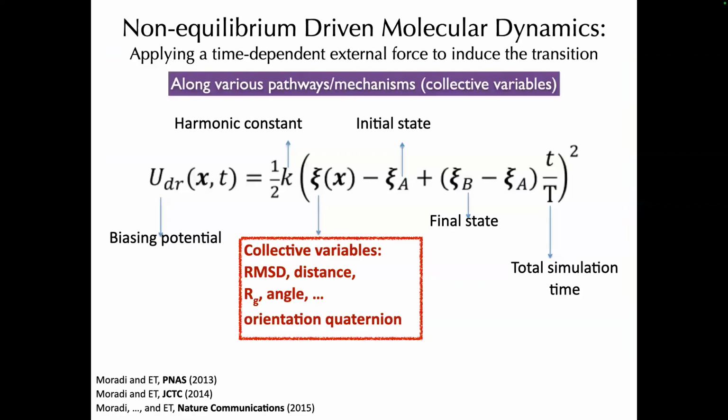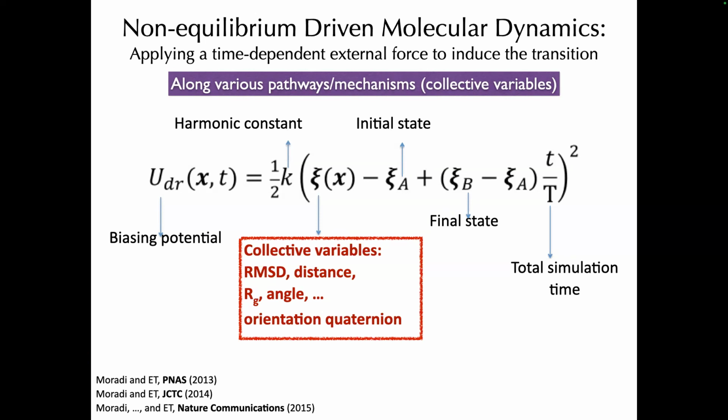So again, we can see that here we're going to bias a collective variable, which could be anything I mentioned. You will hear more about this. For the initial state and the final state, we know the values of these things. So we're going to guide the system using this collective variable to go from the initial system to the final system.